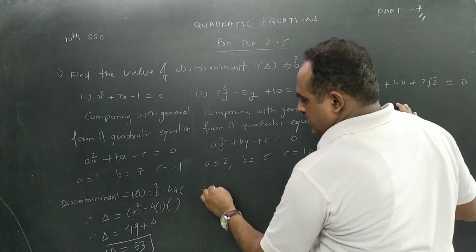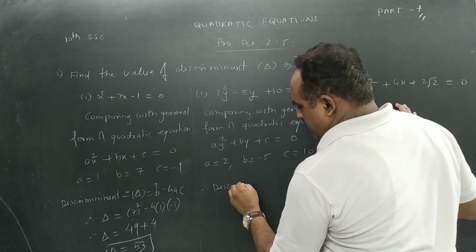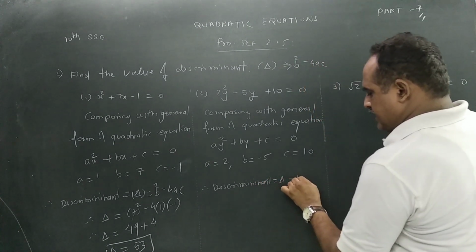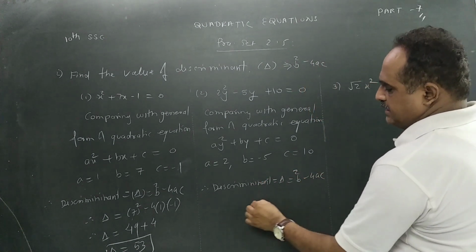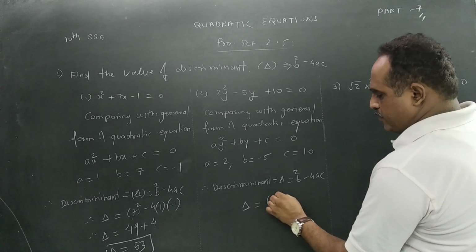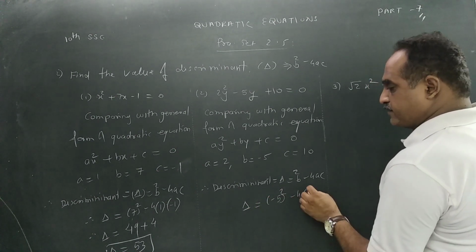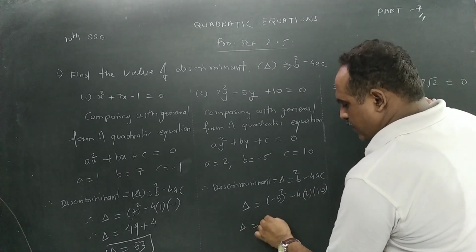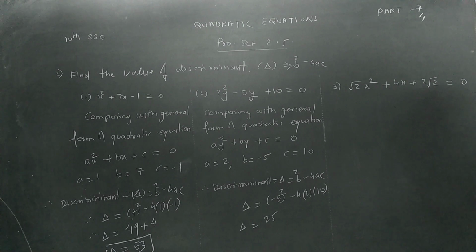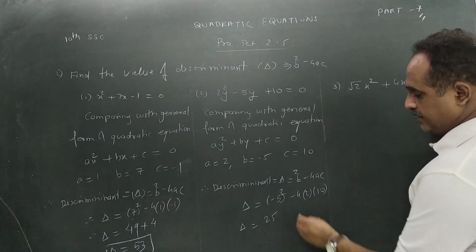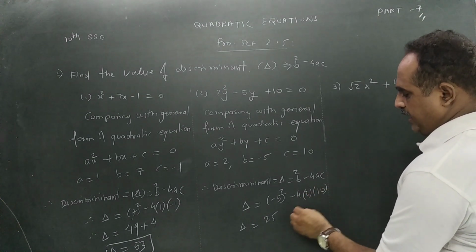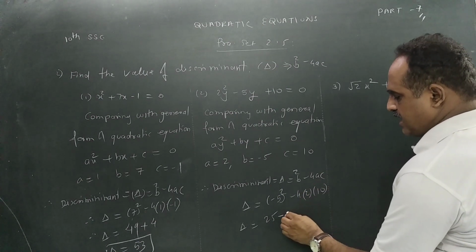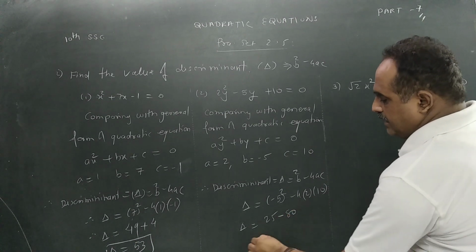Therefore, discriminant, that is delta, is equal to b² - 4ac. So delta = (-5)² - 4 × 2 × 10. So delta = 25 minus 80. You should be very careful about that. 4 eights are 32, and 10 eights are 80.